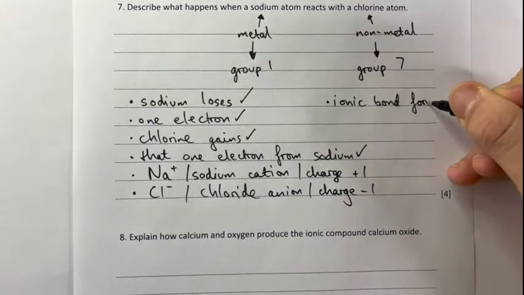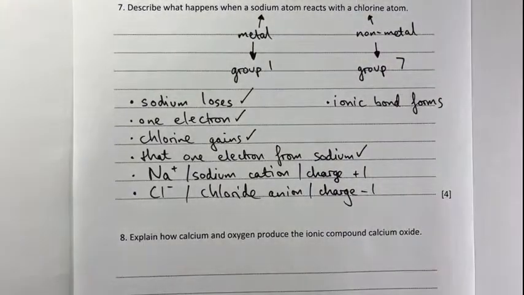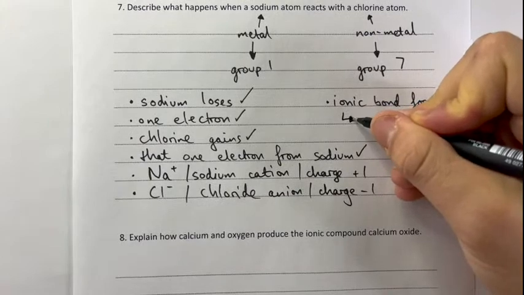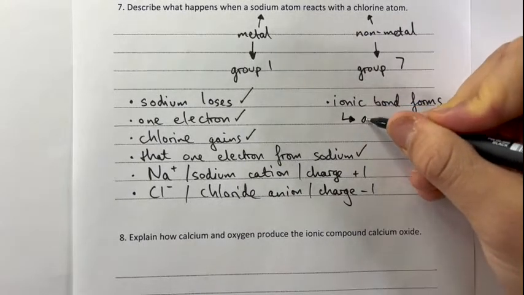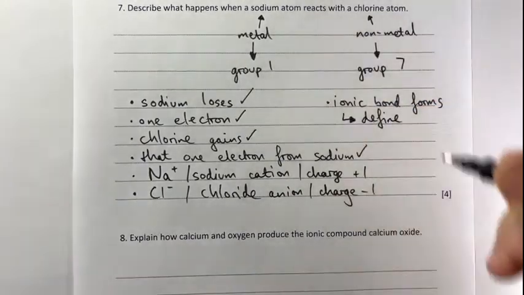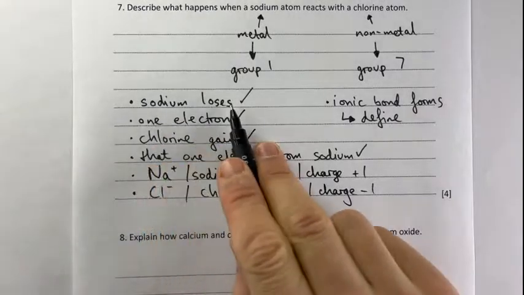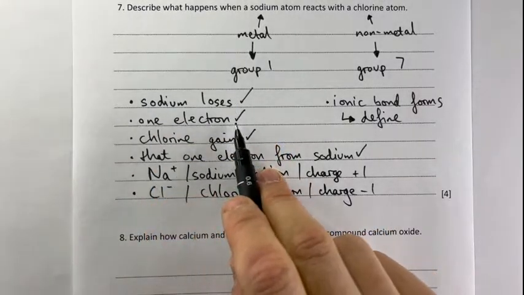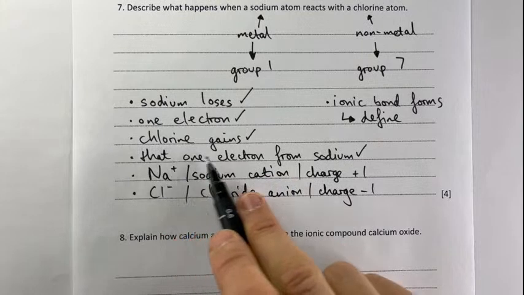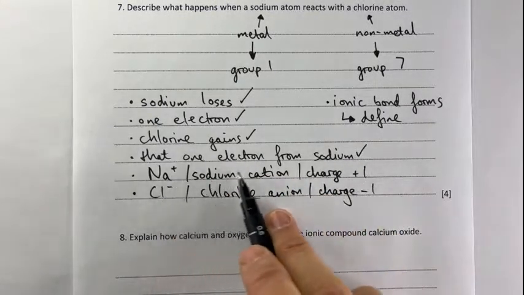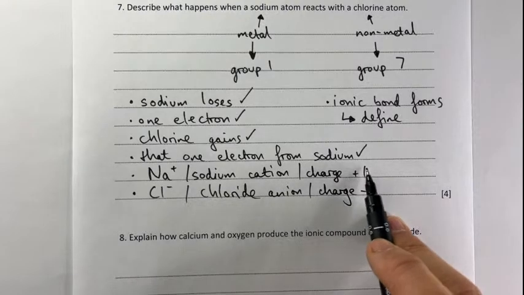And I always get my students to define what an ionic bond is, just to be extra sure you've really got all the language in. You don't have to write a lot. You put that into sentences where you say, sodium loses 1 electron, full stop. Chlorine gains that 1 electron from sodium, full stop. A sodium cation is formed with a charge of +1.